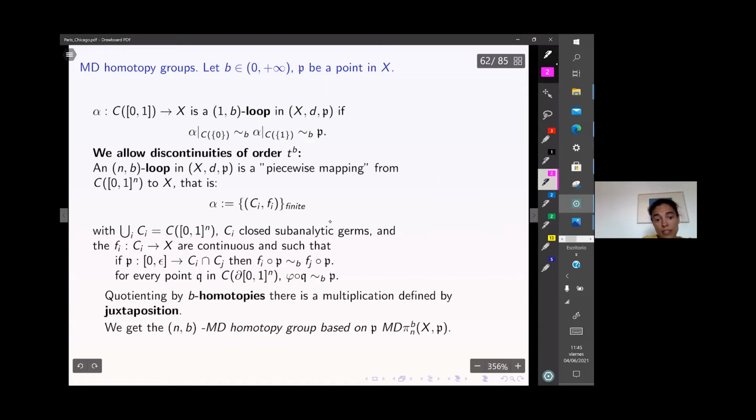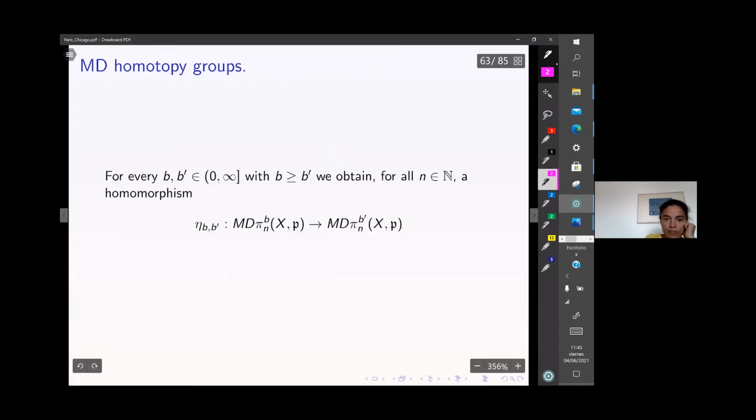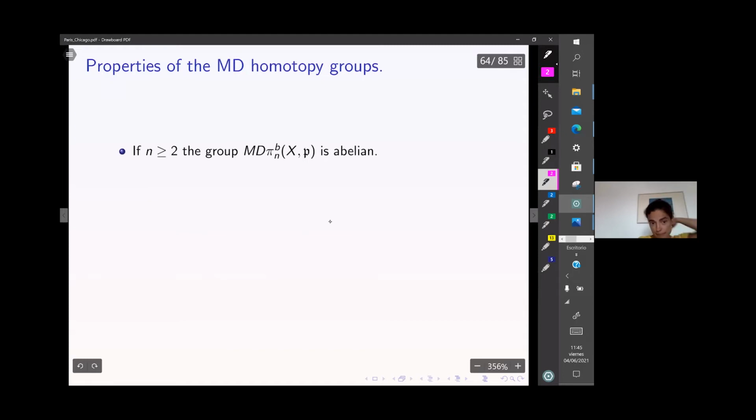We have a notion of B homotopies that works very well, and then we have a multiplication given simply by juxtaposition, as in the classical setting. And then we have the homotopy group that we denoted like this. Again, for any two B, we have this homomorphism connecting the B homotopy groups with the B prime.